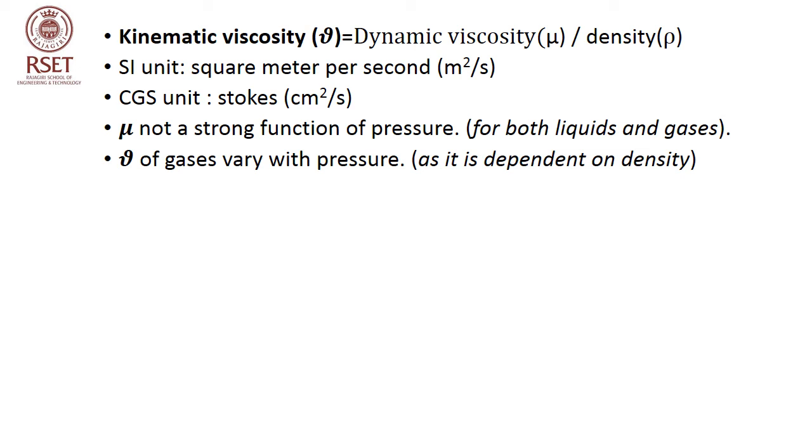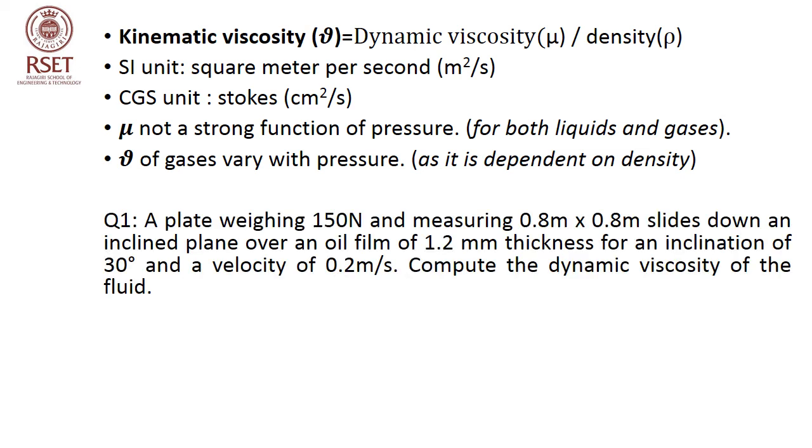So next we will be going through some problems on the properties dynamic viscosity and kinematic viscosity. First question: a plate weighing 150 Newton and measuring 0.8 meter by 0.8 meter slides down an inclined plane over an oil film of 1.2 mm thickness, for an inclination of 30 degrees and a velocity of 0.2 meter per second. Compute the dynamic viscosity of the fluid.